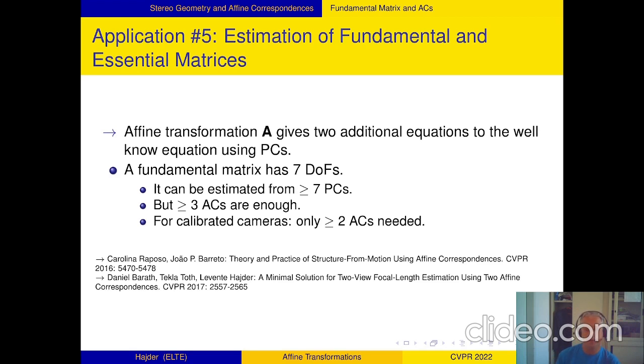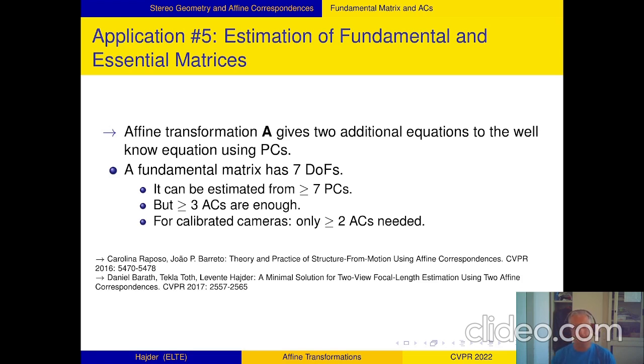If the cameras are calibrated, the camera pose should be computed via the essential matrix. In that case, the degrees of freedom are 5, and as we have 3 equations per affine correspondence, we need only 2 affine correspondences.